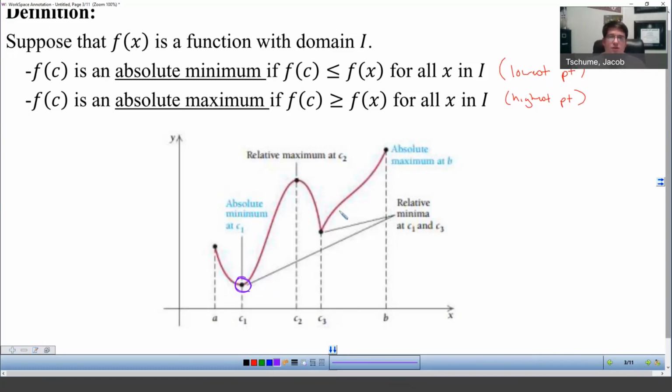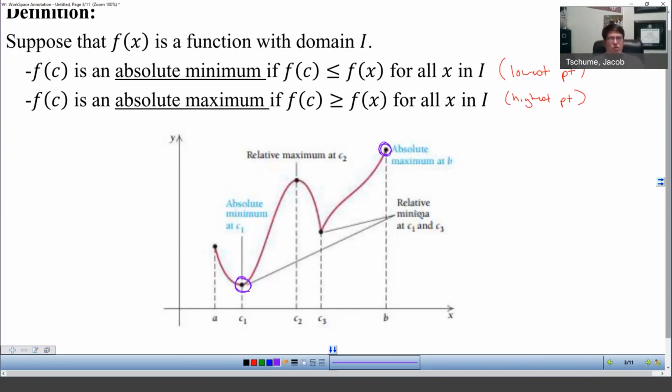Now, what you'll notice is a little bit different here is that your absolute max actually occurs at the very end of this picture, because unlike relative max and min, absolute max and mins don't have to follow the increasing and decreasing rules. It only has to exist at the highest points.